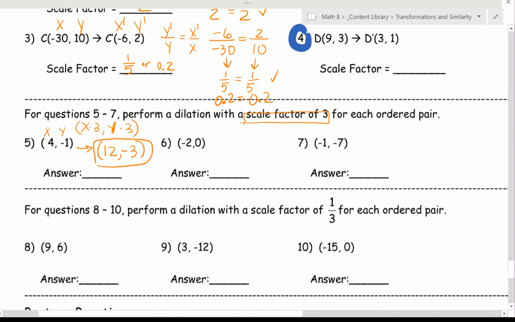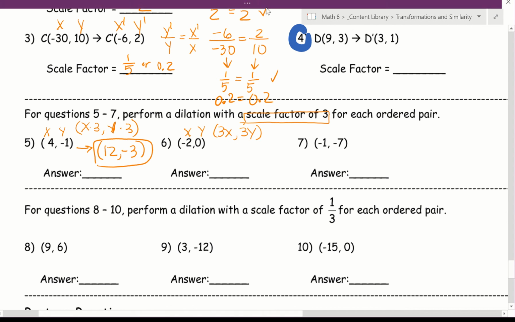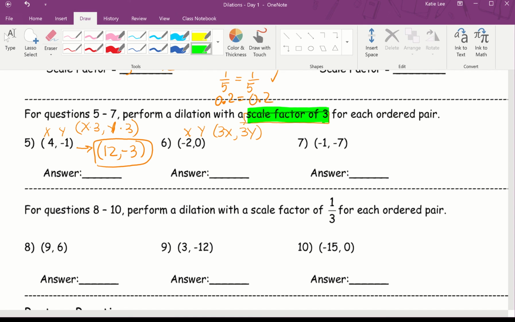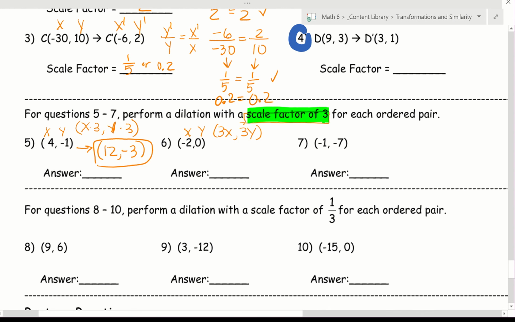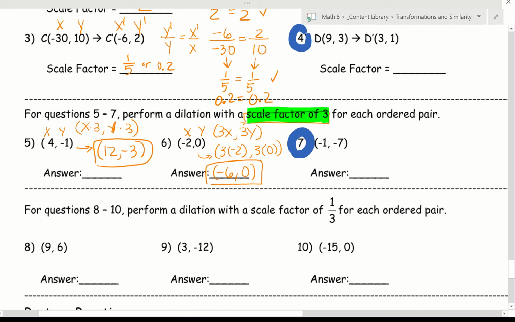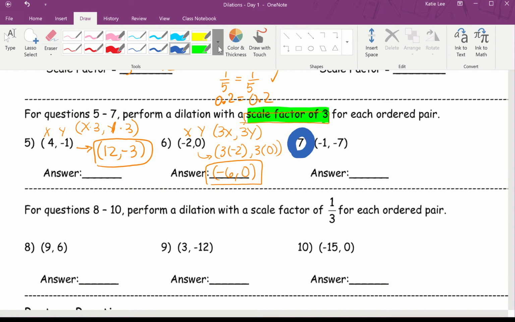Let's do the next one. This is my x, this is my y. This means 3x and then 3y. I'm multiplying it by a scale factor of 3. So this becomes 3 times negative 2, 3 times 0. I get negative 6, 0 as my answer. Okay. Again, I would like you to do number 7, and I'll check that eventually when I see you again.